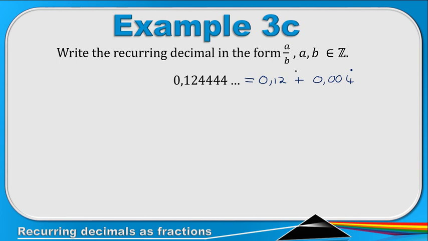Right, so now what's going to happen is this x is now, I'm only going to focus on the one that is recurring, okay, for now. Just going to say, okay, x is equal to 0,00, and then 4 goes on. Okay, now the next thing we need to realize is, what do we want?